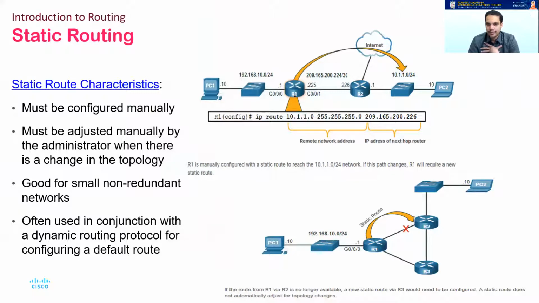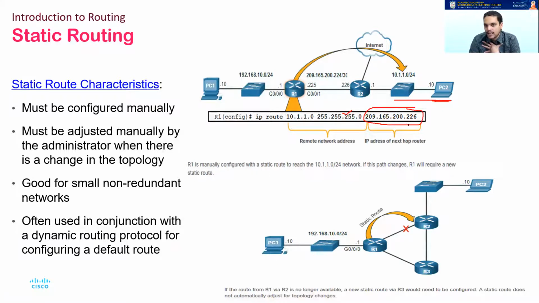If I am the network administrator, I'm saying that for any traffic to go to this network, to PC2, there is a PC2 here, connected to the 10.1.1.0 network, any packets in order to go to this network have to go through this route only. For that purpose, I'm writing a command ip route 10.1.1.0, this is the subnet mask that is given, and I'm saying go through this particular pathway only.